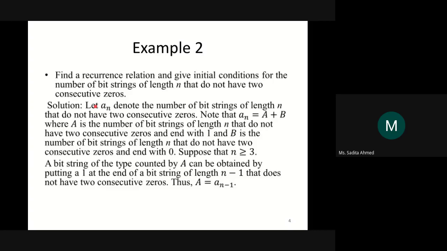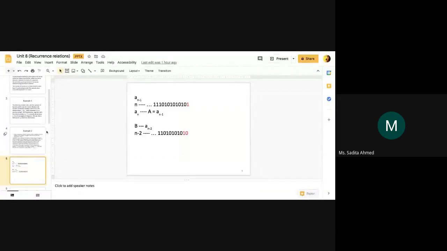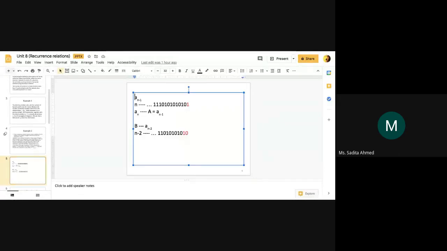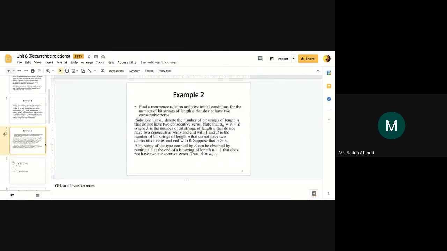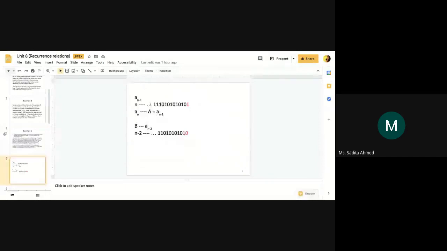In the an minus 1 counter, we have the count of all the bit strings there. We will try to derive the value of an from this an minus 1.